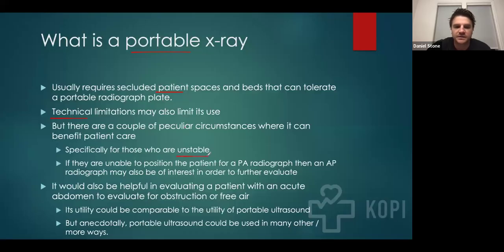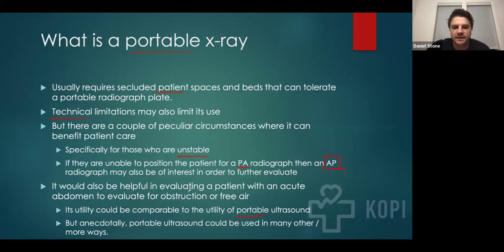It is usually reserved for patients who are unstable. And again, it also assumes that the clinician can discern the difference between an AP and a PA. The interpreting physician needs to know whether it is a PA or an AP radiograph. Its utility is extremely important, but I would say it's about comparable or maybe even less comparable than something like a portable ultrasound machine in the right hands.